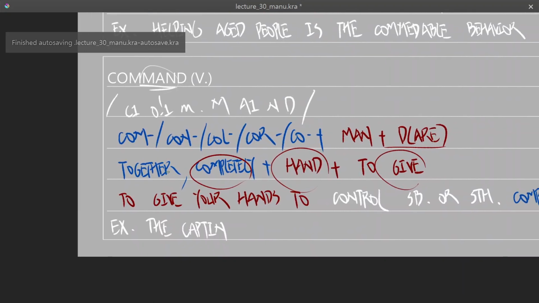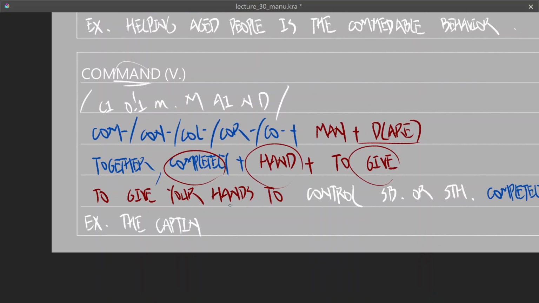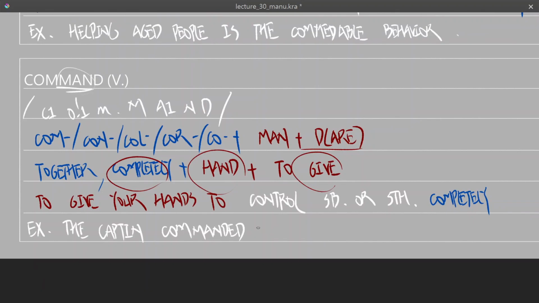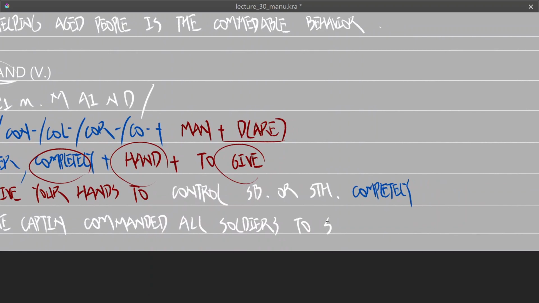The captain commanded, past tense, all soldiers to stay in the bunker.